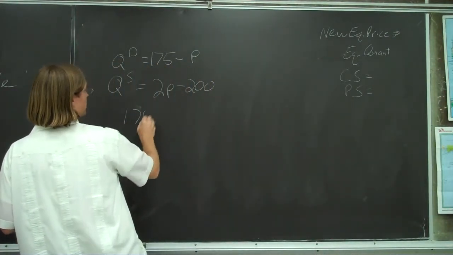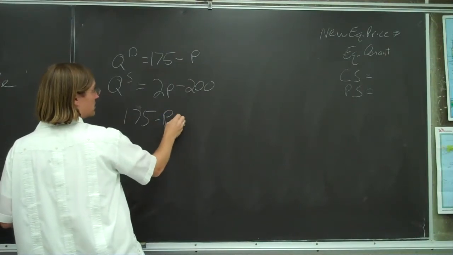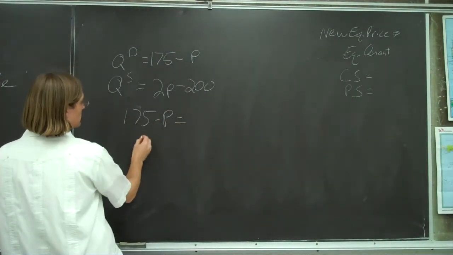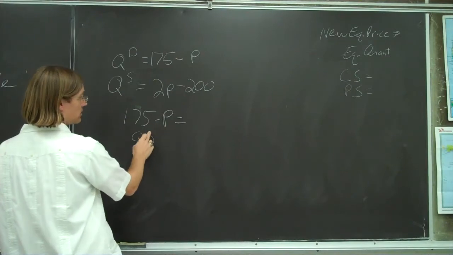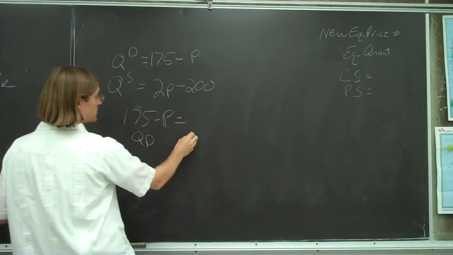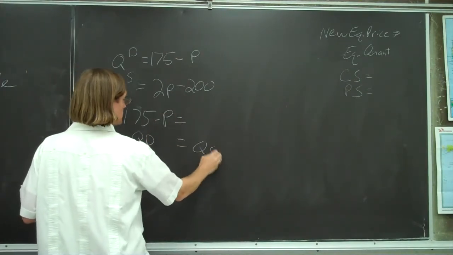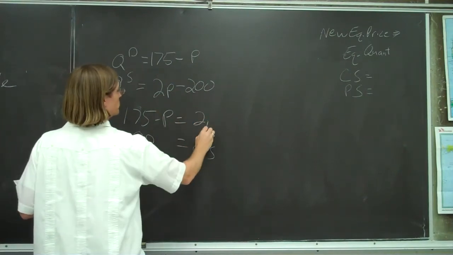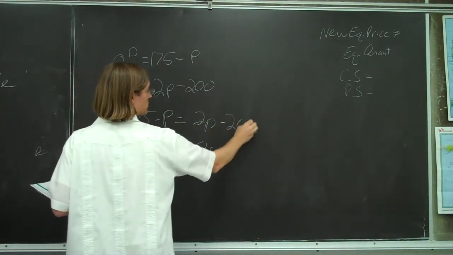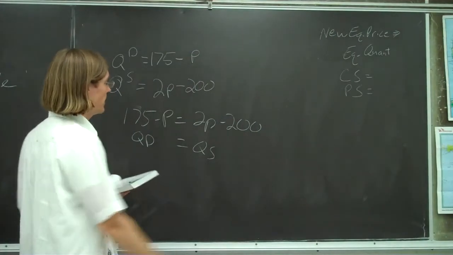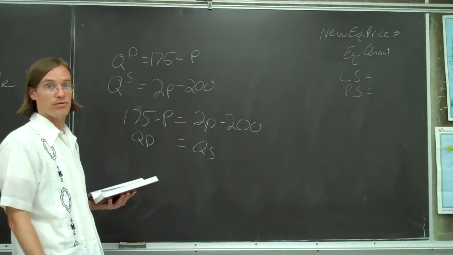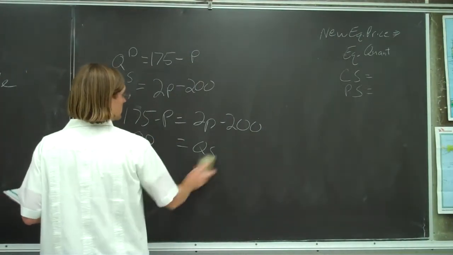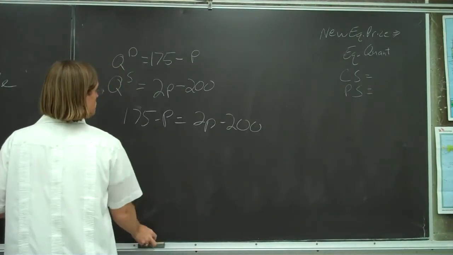So we can set these equal. So 175 minus P, again that's our quantity demanded. That's going to be equal to the quantity supplied, or 2P minus 200. And then we can just go through and solve for P. So I can get this out of the way.